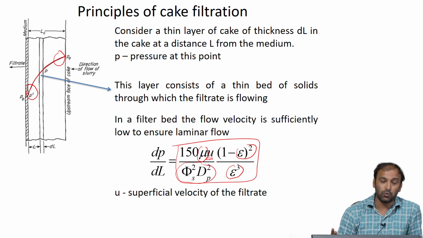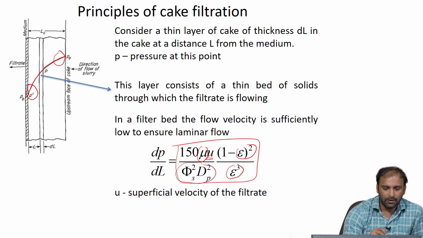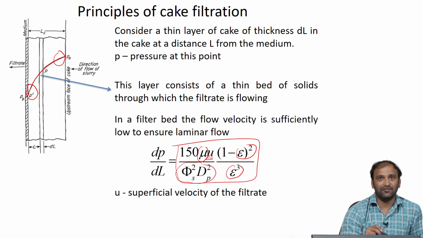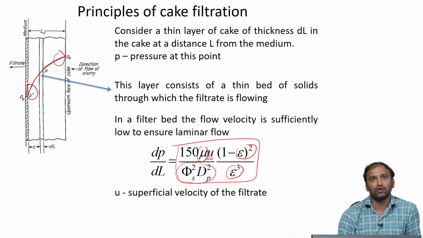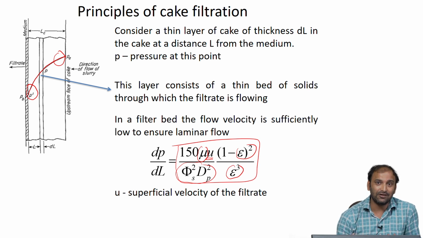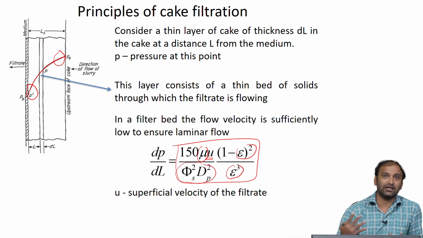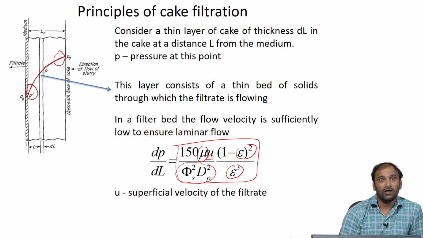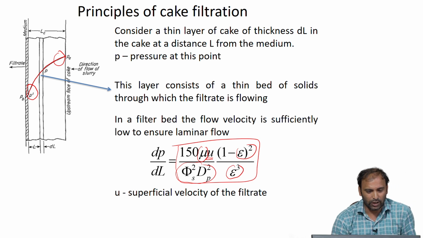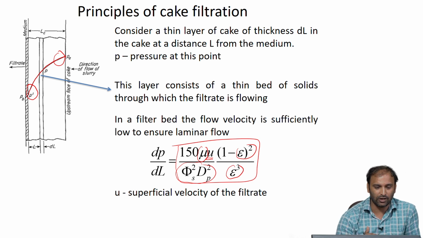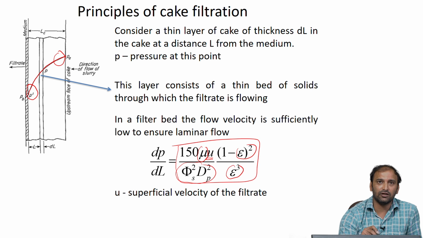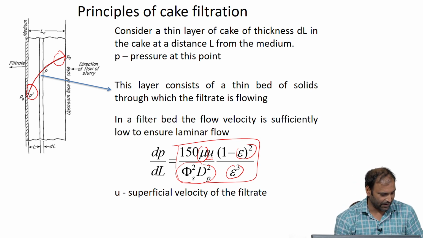That is one of the reasons for a non-linear variation. The other reason could be that u, the velocity with which the filtrate is flowing through the medium, could also be spatially varying, depending upon the kind of system. So this non-linear variation is essentially justified.